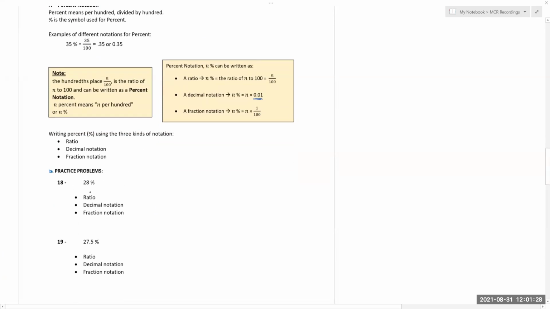So if we have 28%, for the ratio notation, that's going to be 28 over 100. That's the common fraction one. Decimal, you would multiply it by 0.01, which is the same as dividing by 100. And that would give you 0.28. And for fraction, you would write it like that, which turns into the 28 out of 100.